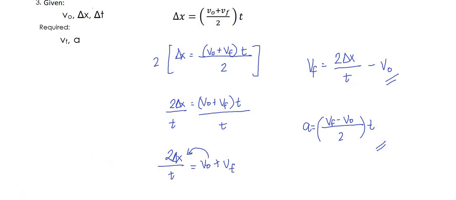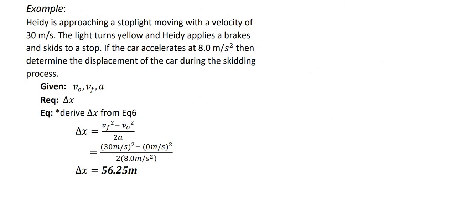And for the last example, we have here a sample problem. Heidi is approaching a stoplight moving with a velocity of 30 meters per second, and the light turns yellow and Heidi applies the brake and skids to stop. If the car accelerates at 8.0 meters per second squared, then determine the displacement of the car during the skidding process.